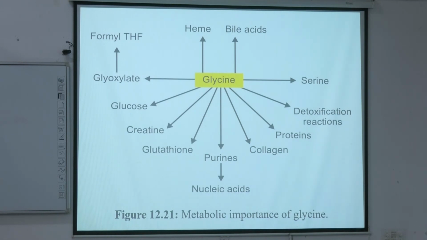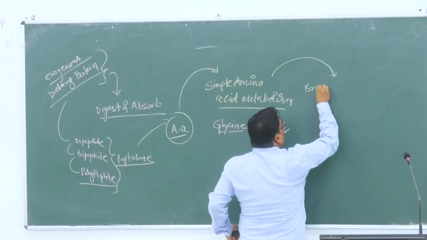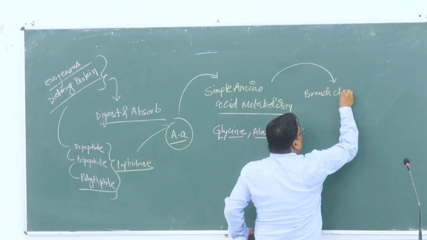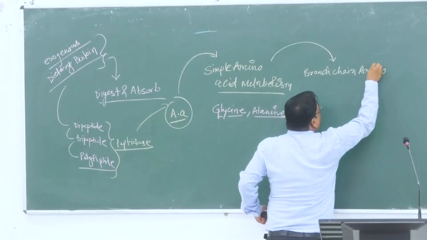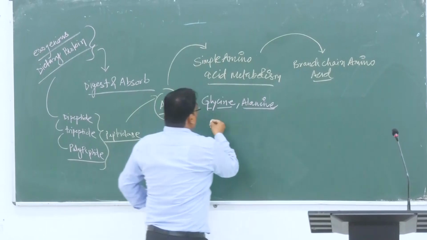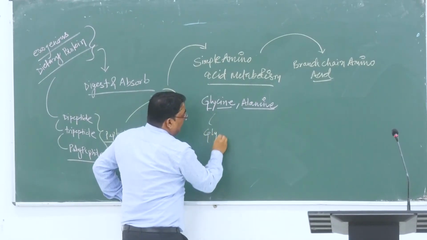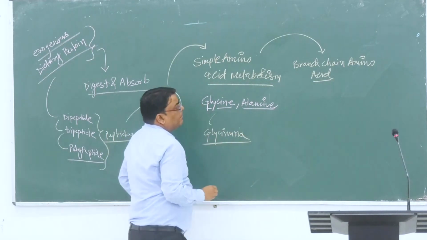Okay. After these, we complete here. Branched chain amino acids. Disease, metabolic disorder also: glycinuria.